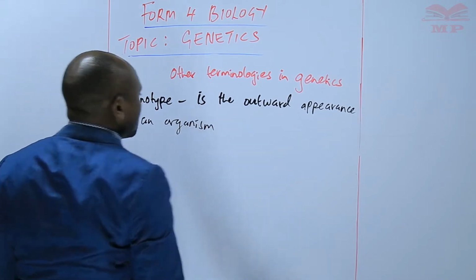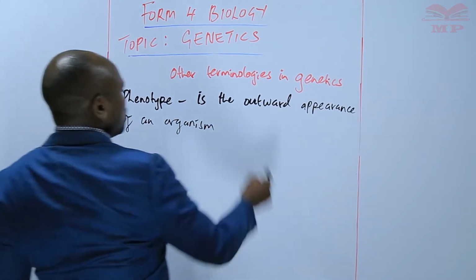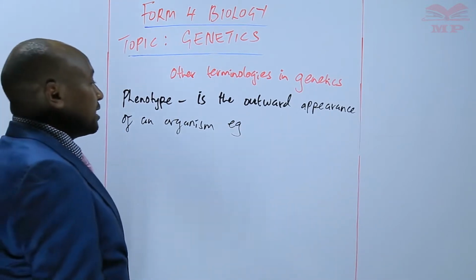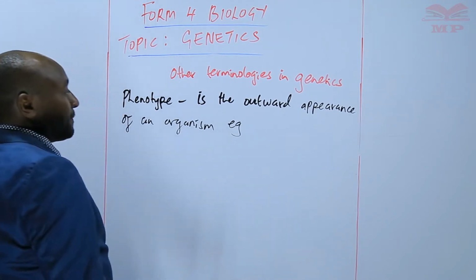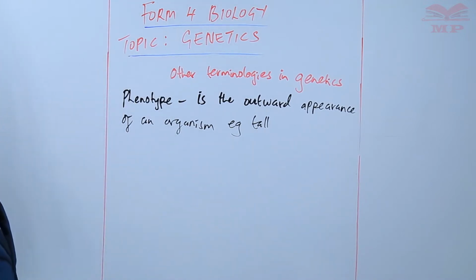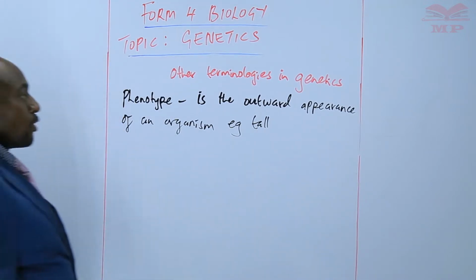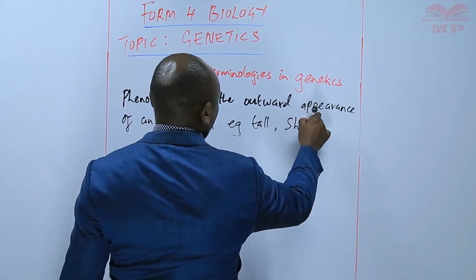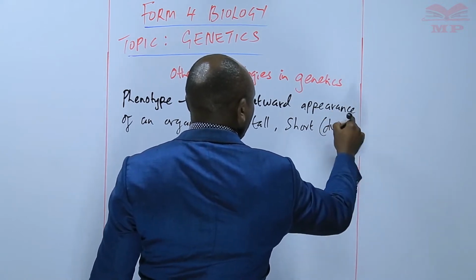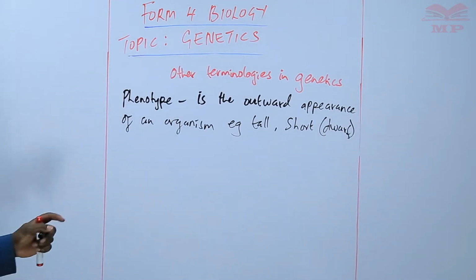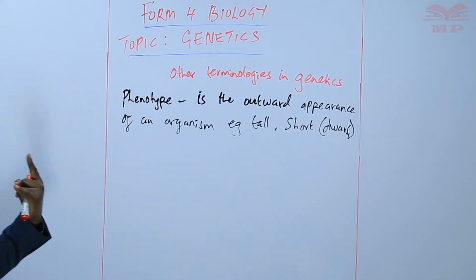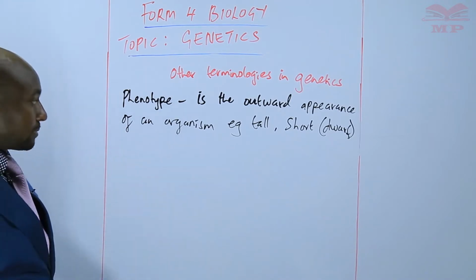For example, in Mendel's experiment, we can use the appearance of tallness, e.g. tall. That is an outward appearance, so that is the phenotype. Or we can say short, or dwarf, for instance. So tallness and shortness is an outward appearance, something that you can be able to see, and we refer to that as the phenotype.